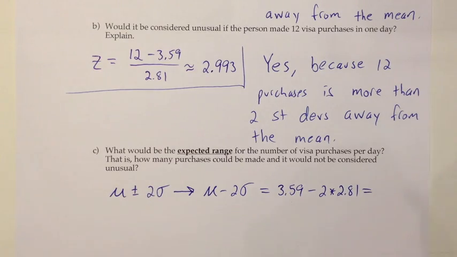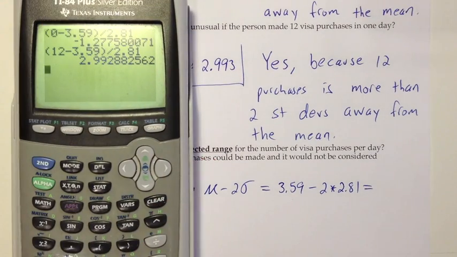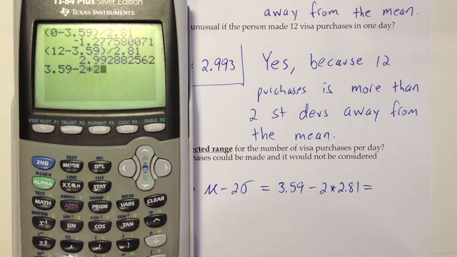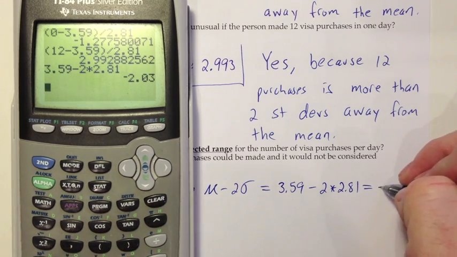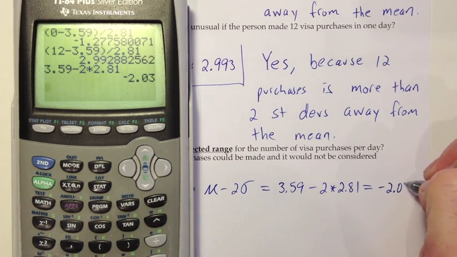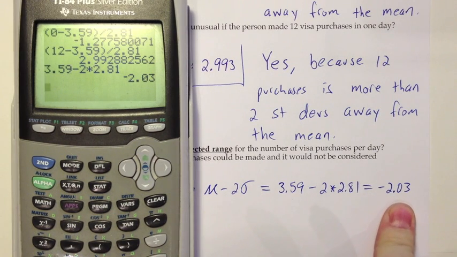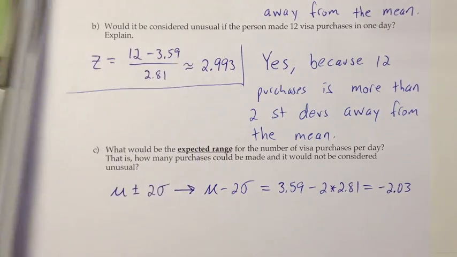And let's calculate that and see what we get. So 3.59 minus 2 times 2.81, I get negative 2.03. That is a number that is exactly 2 standard deviations below the mean. So if the number of purchases got beyond that, it would become unusual.